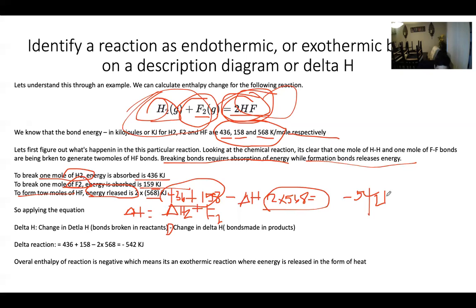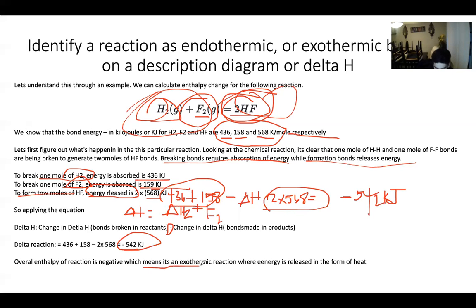Which means, what does that mean? What does our result mean? That is our 2HF. But when something is negative, what do we say that was? It's exothermic.